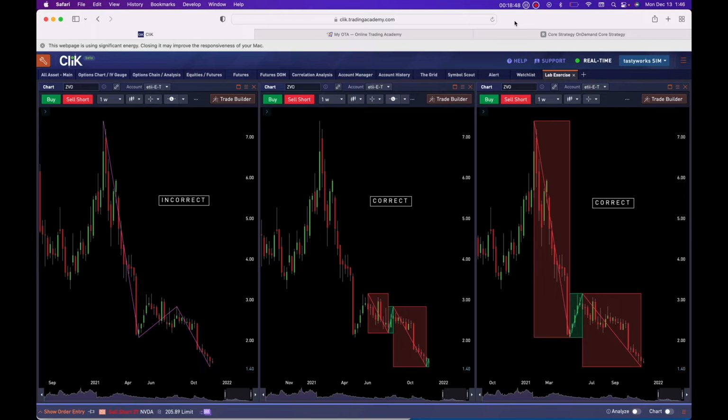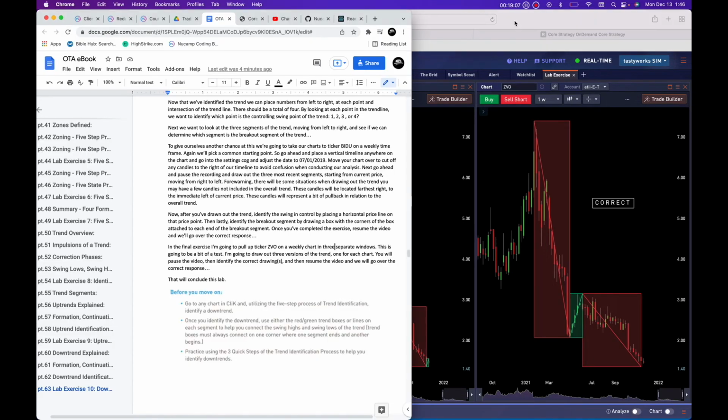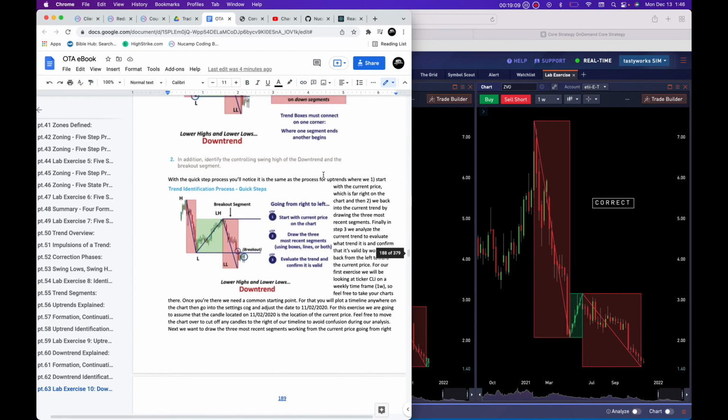But all in all, during this particular lab and the uptrend lab, it was a bit obvious what the trend was. You want to make sure that when you're identifying trends on a chart or an asset that you're thinking about taking a position in, you go through the process of these quick steps, starting with current price, drawing the 3 most recent segments.